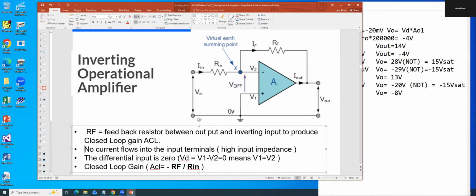No current flows into the input terminal, because of the high input impedance. The differential input is 0. VD equals V1 minus V2, which is 0. That's telling you V1 and V2 are the same. Closed loop gain equals minus RF over R in. RF here, R in here.